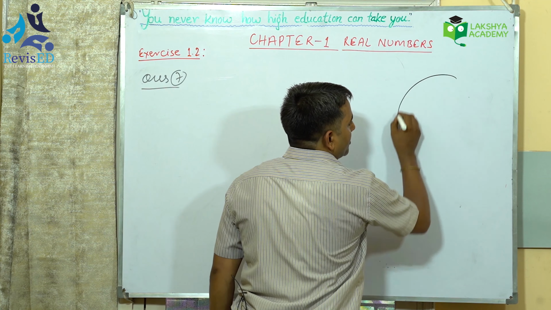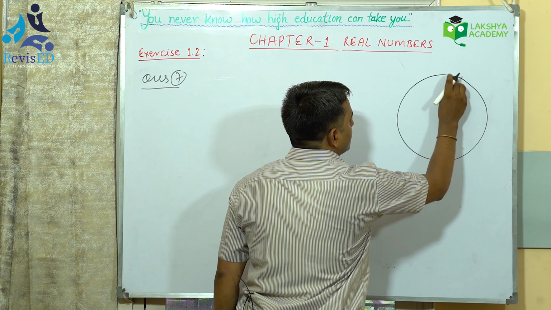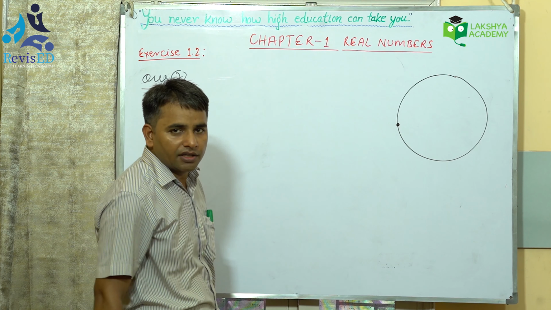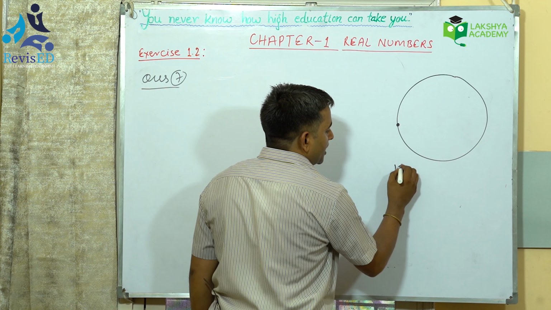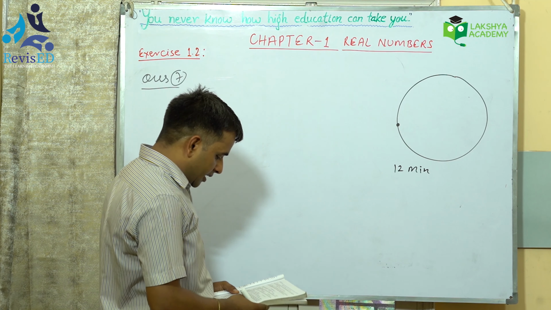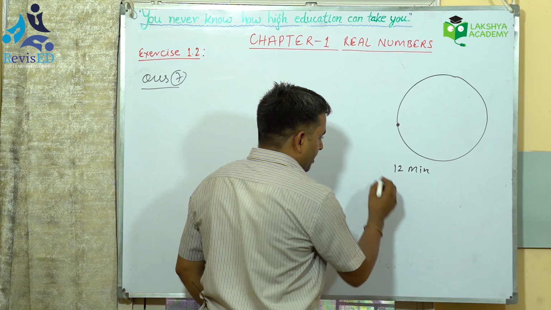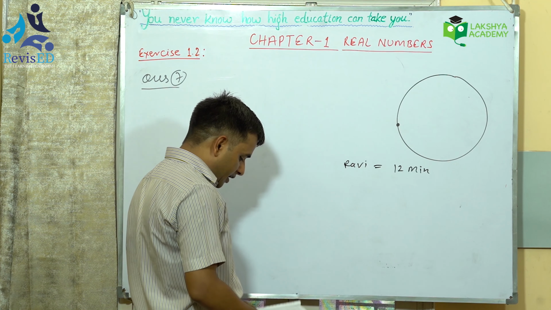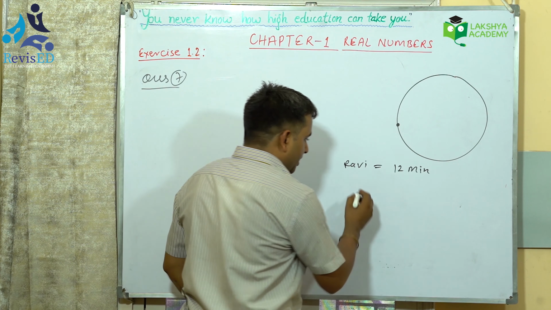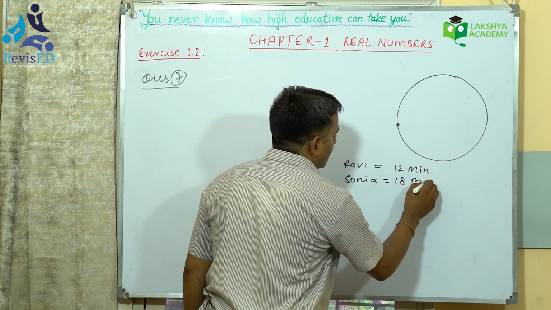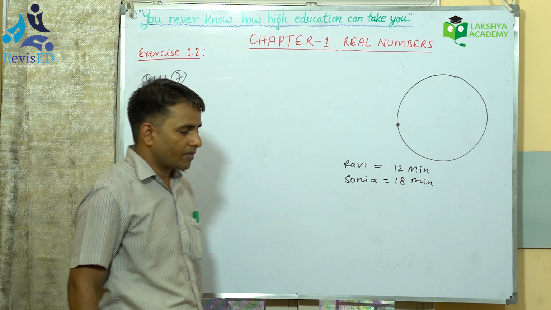Now this is the circular park, and both of them are starting from the same point. One takes 12 minutes to complete and another takes 18 minutes. So Ravi takes 12 minutes and Sonia takes 18 minutes to complete the same.